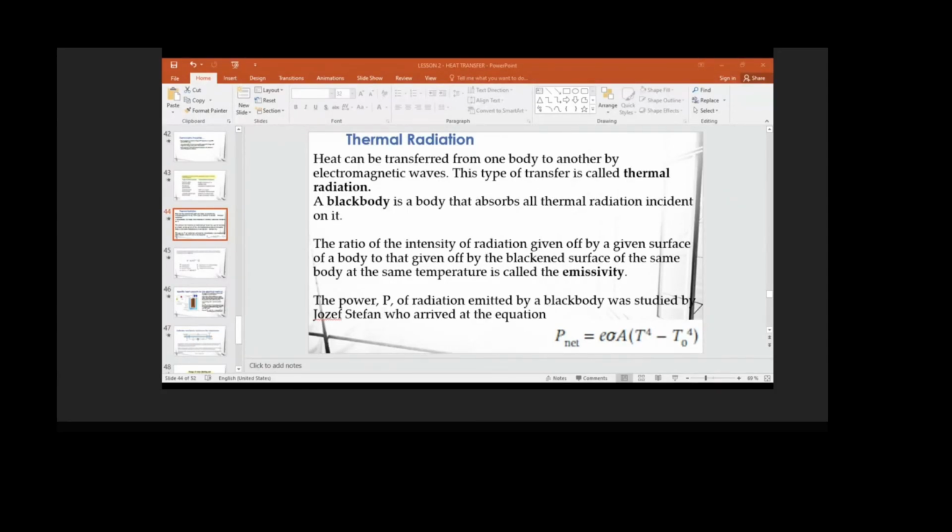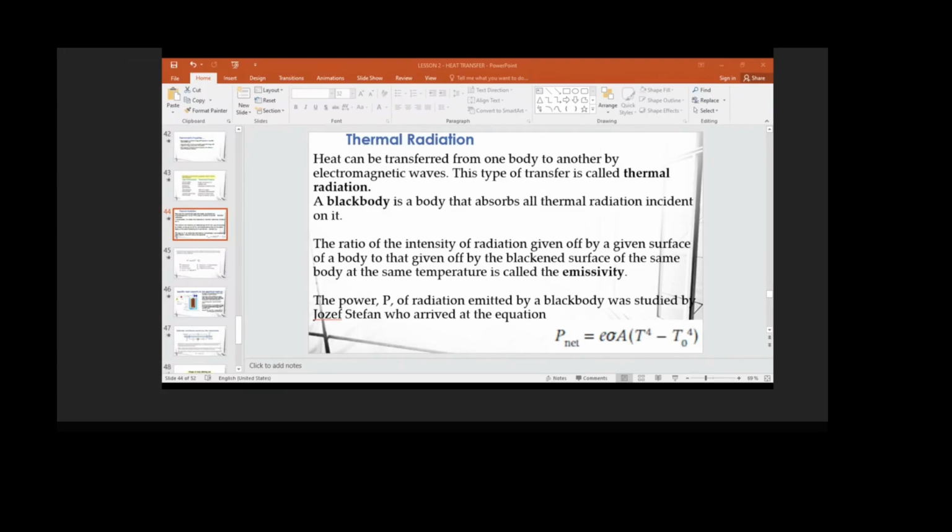So a black body is a body that absorbs all thermal radiation incident on it. So anytime you hear in physics about black bodies, these are just objects that absorb all of the heat that is projected onto them. Right?